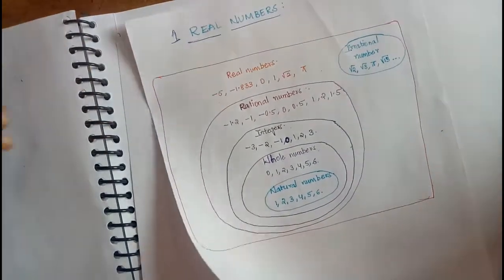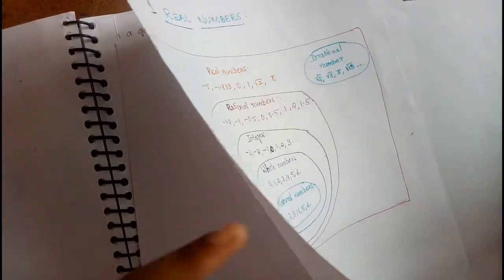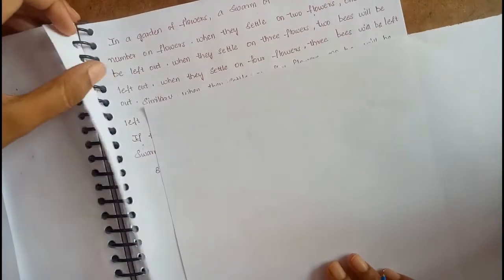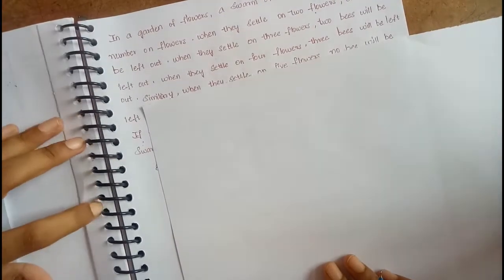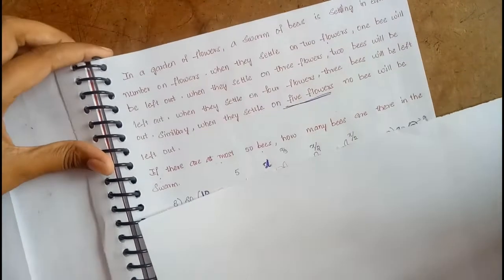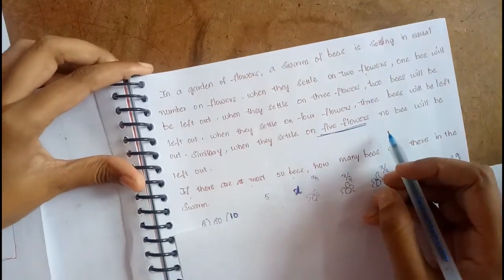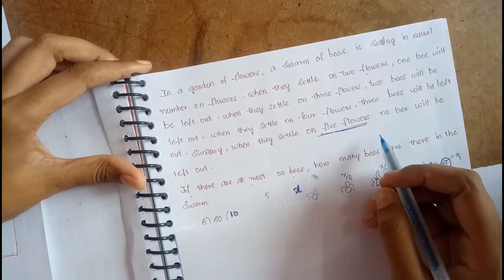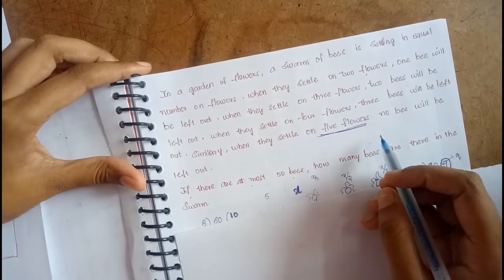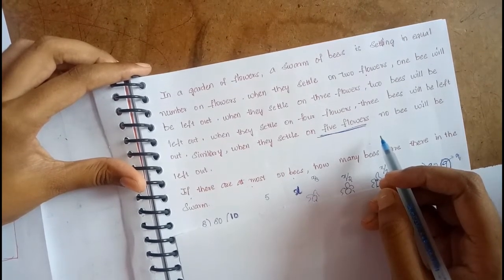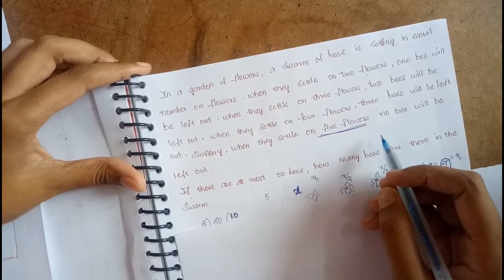Before entering into the exercise problems, let us solve an interesting puzzle. I took this puzzle from the Telangana maths textbook. Read the question twice, you will understand it better. In a garden of flowers, a swarm of bees, swarm is nothing but a group, is settling in equal numbers of flowers.